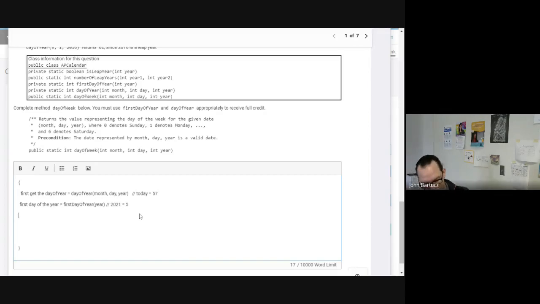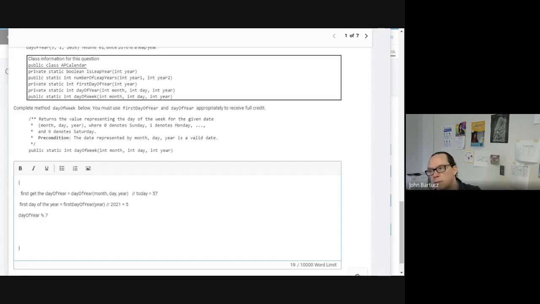So if we take the day of year and we mod it with 7, what does that give us? So that gives us like the offset from the first day of the year.